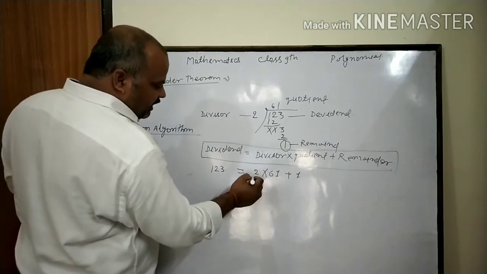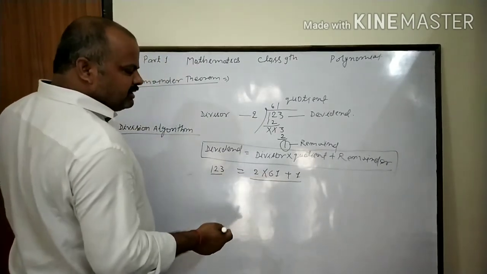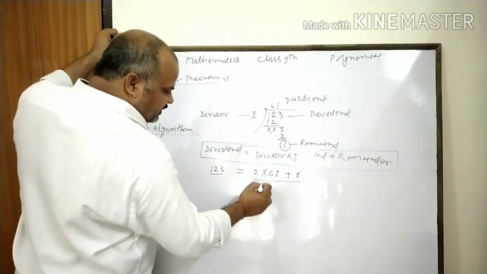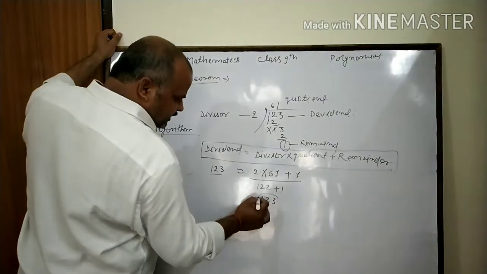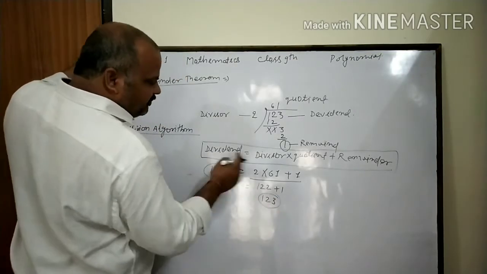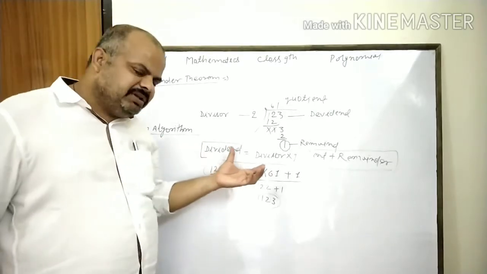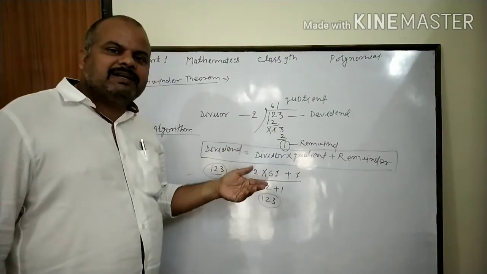Then we can solve this side, and if it is 123 then our division is correct, otherwise it is incorrect. 122 plus 1 is 123. Both are the same, that's why our division is correct. So the division algorithm is a process in which we can check whether our division is correct or not.